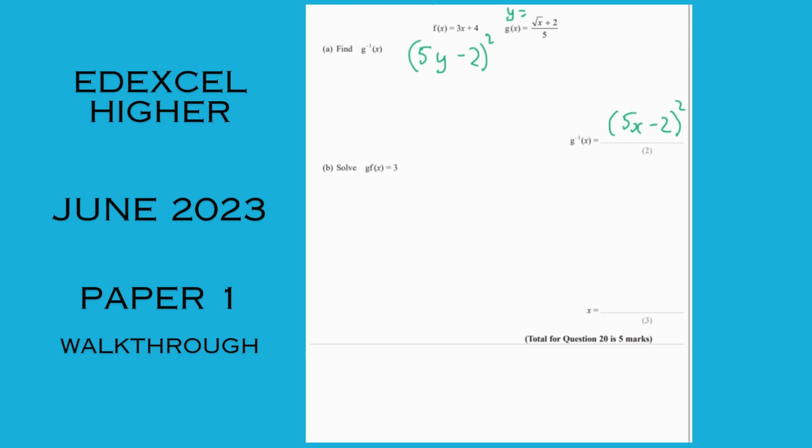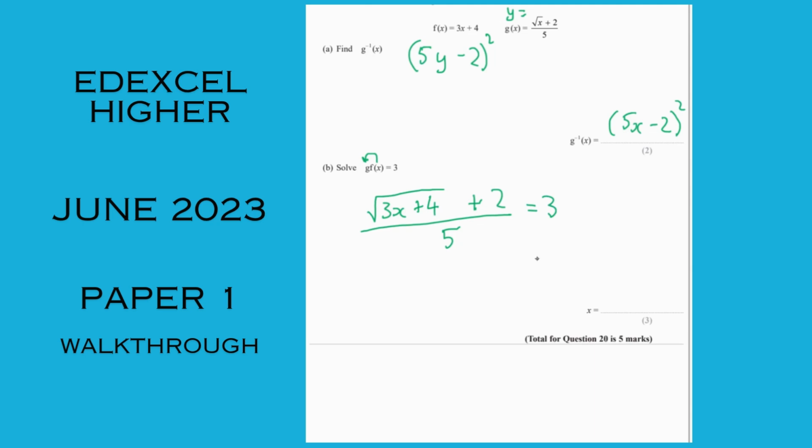Here, I've got a compound function. So you work your way inside out. You need to put the f function inside the g function. So let's start with the g function. Its f needs to go into it. Job done. Equals 3.